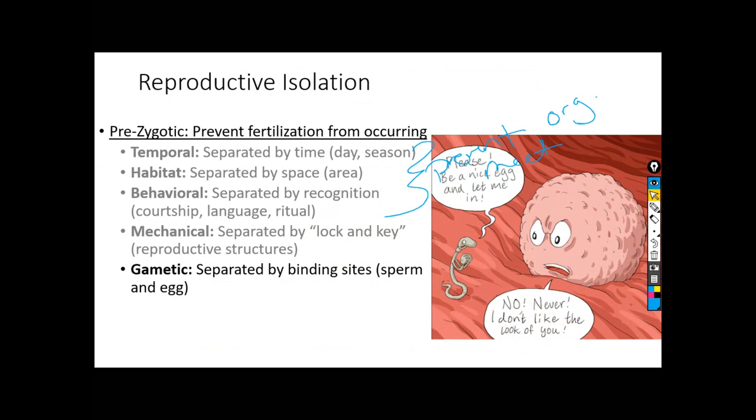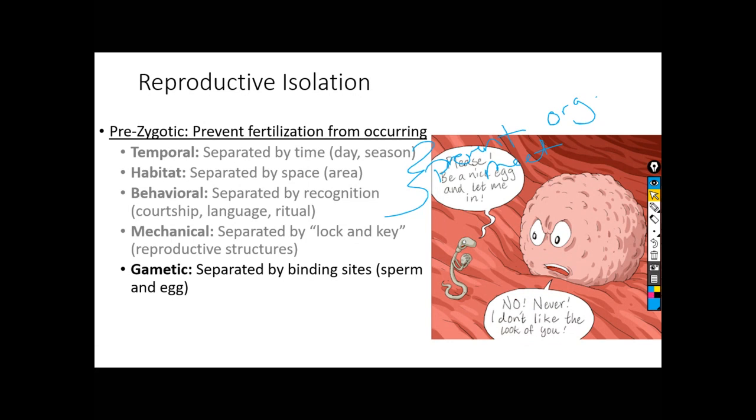But remember, this is pre-zygotic isolation. So, fine. There's no rules that say that that can't happen. The rule just said the sperm and the egg can't meet. Not that the sperm and the female can't meet. So we're pushing it all the way down to the wire.